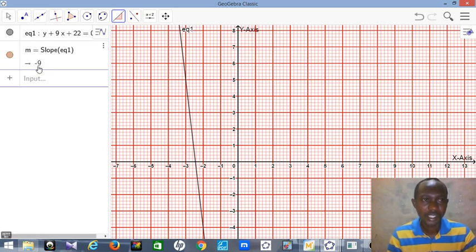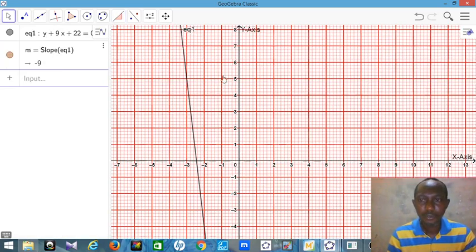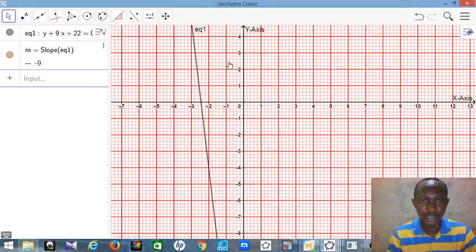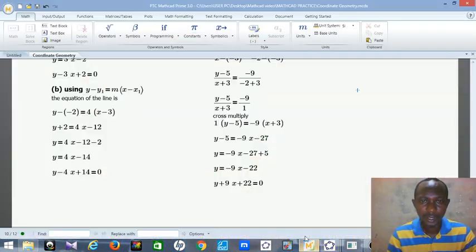You can see the answer on this side. M, which is the gradient slope, is equal to -9. So that is the beauty of knowing what to do when you are solving your work. I've convinced you that what we did is very correct. By leaving your answer in this form, you will know the gradient is -9, and you will know the y-intercept.